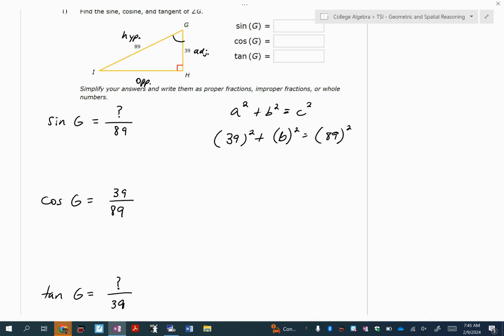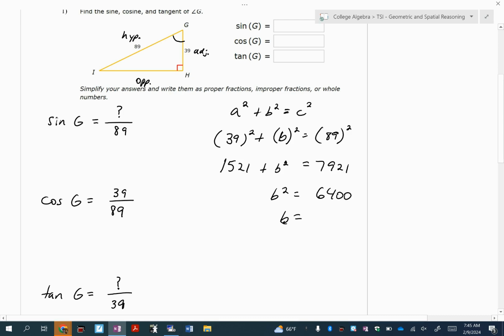So we have 89 squared, which is 7921. 39 squared, which I got is 1521. So I'm going to move that 1521 over with subtraction. And I got 6,400.